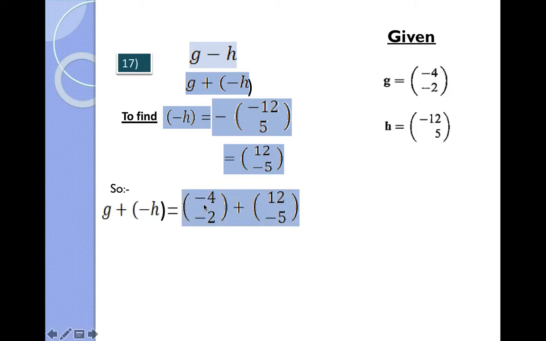Here I have written the x and y components for g and plus negative h, which we already found. Now you will simplify. Negative 4 plus 12 you will get 8, and negative 2 plus negative 5 you will get negative 7. So this is the answer written in component form as per the question.